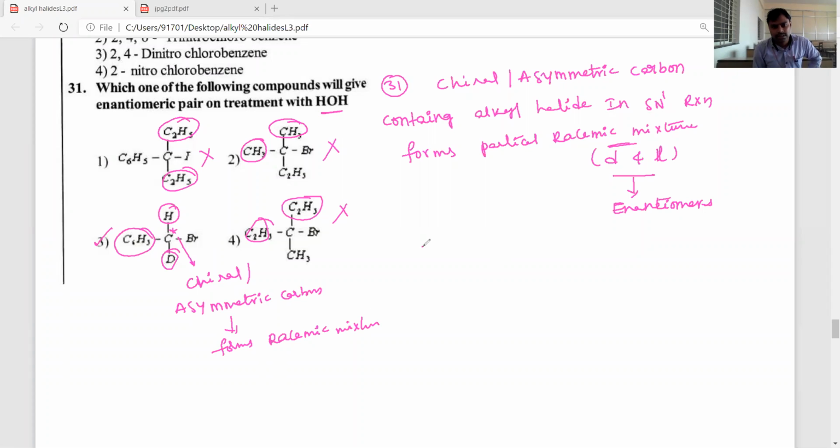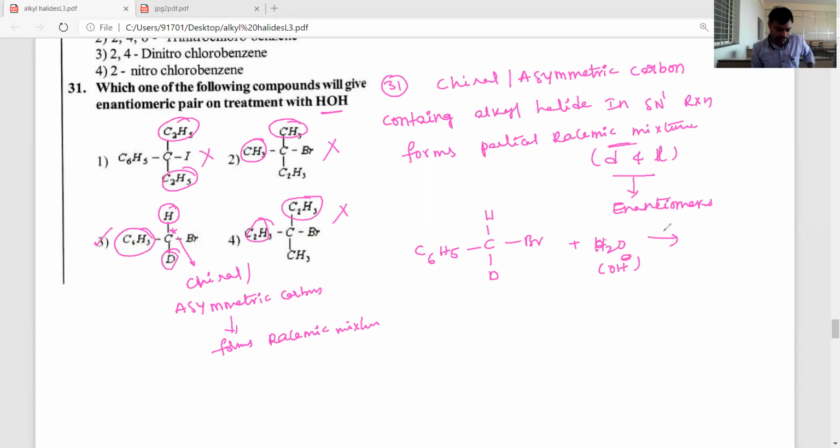Let's see that CH3, CH, D and Br. Sorry. C6H5, H, Br, D is treated with OH minus. Hydrolysis is nothing but the nucleophile is OH minus.